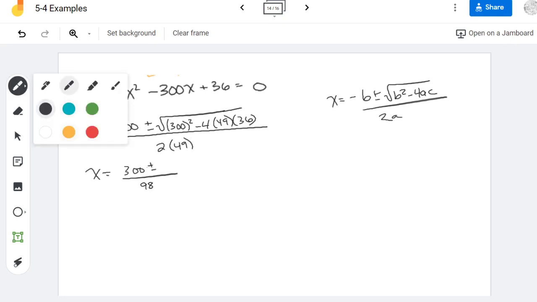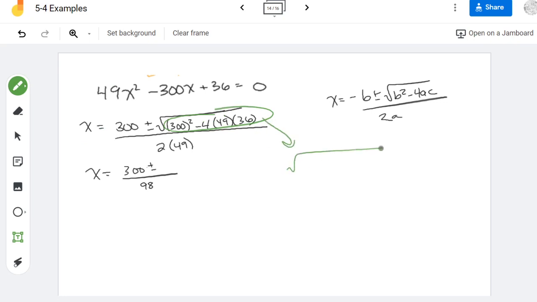So I'm just going to pull this radical to the side to deal with it. So I have the square root, 300 squared is 9 with 4 zeros, minus, so 4 times 49 times 36 is 7,056. So if I subtract that from 90,000, I get 82,944.